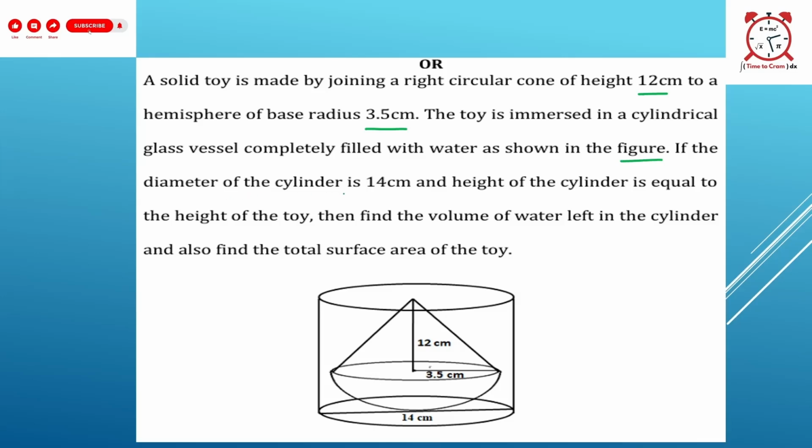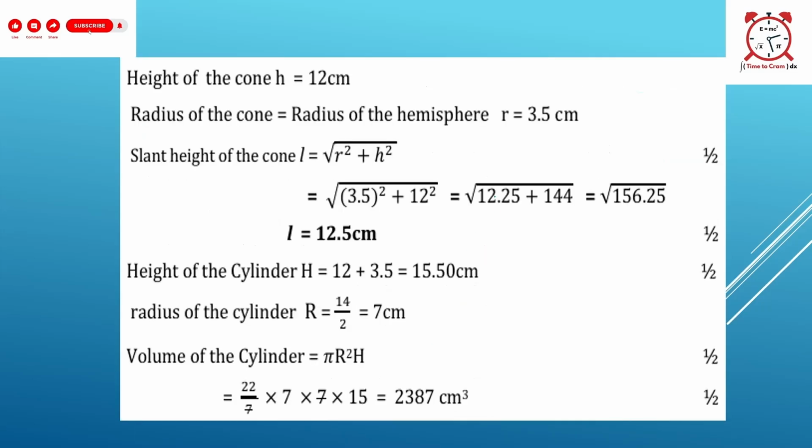If the diameter of the cylinder is 14 cm and the height of the cylinder is equal to the height of the toy, because we can see that the toy completely fits the height of the cylinder, then find the volume of water left in the cylinder and also find the total surface area of the toy. So for that we will write all the values very clearly from the given data.